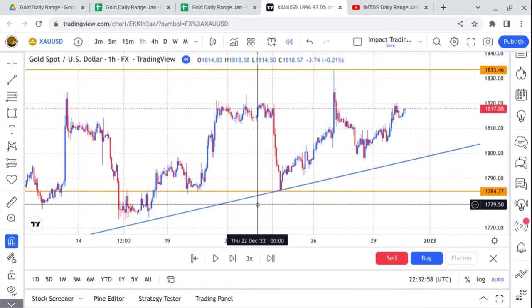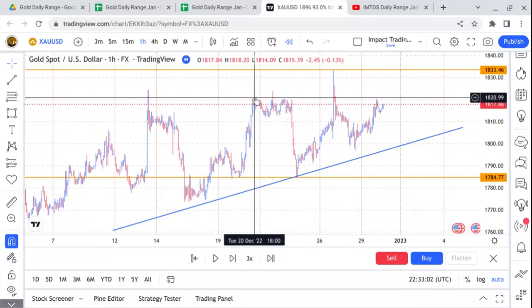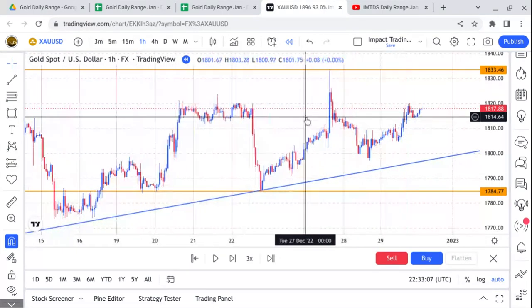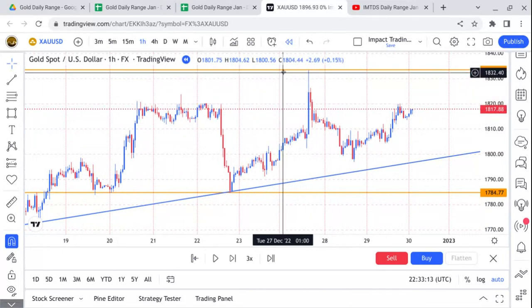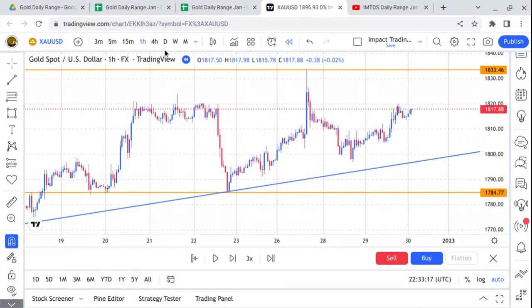Alrighty, that is the daily range practice for today. Alright, study, and you will become a consistently profitable trader as you continue to study and backtest.